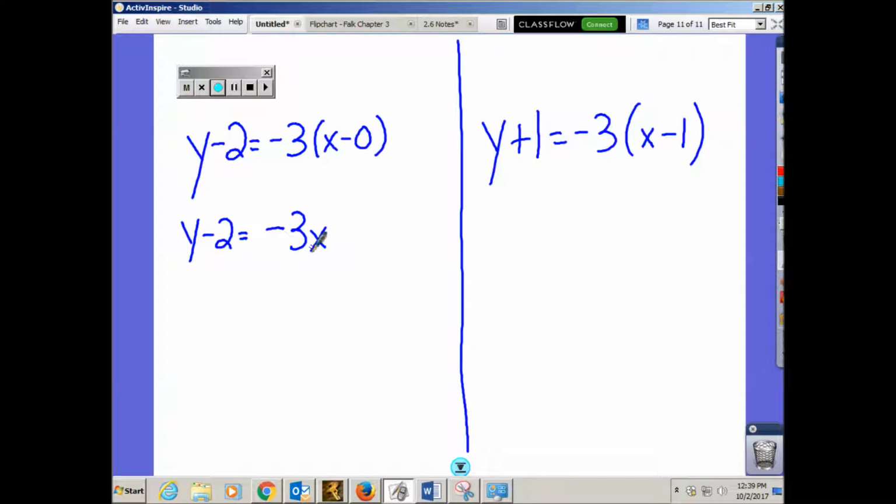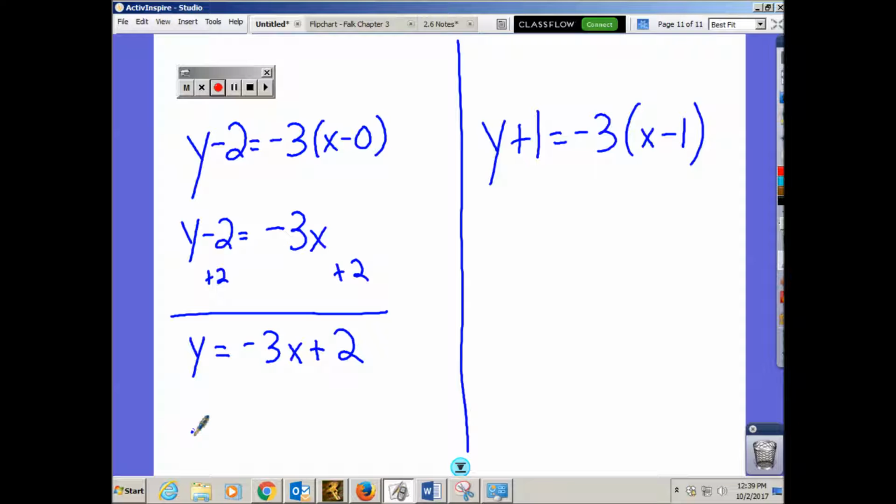Any number times 0 is still 0. Is it in slope-intercept form yet? No, because I have to what? Add 2 to both sides. I'm not combining the 2 with the -3x because they're not like terms.